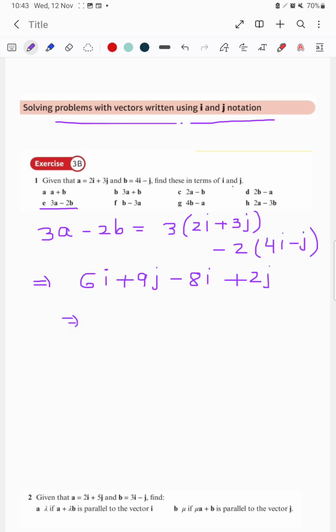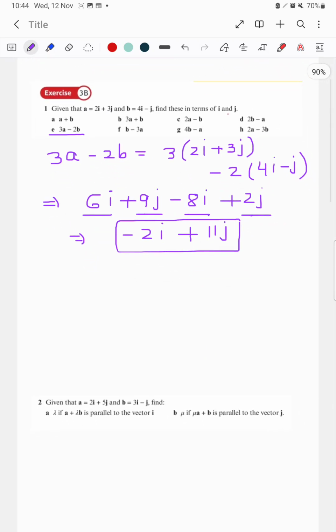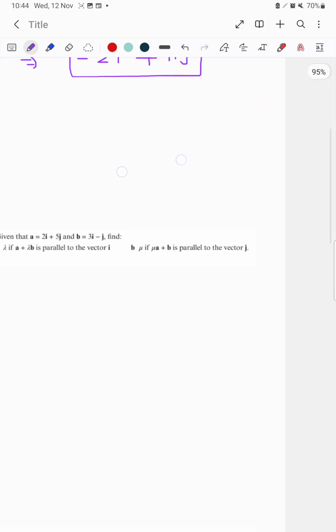So I can combine the i components together, which is negative 2i, and then combine the j components, which is 9j and 2j, that is 11j. So this is the representation of 3a minus 2b. Now the rest of the parts you can do very easily on the same lines.